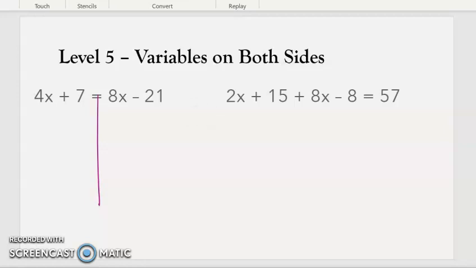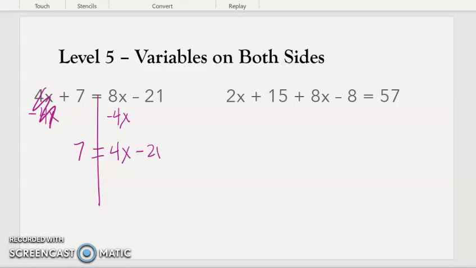The opposite of a +4x is -4x because we're moving that whole thing on both sides. This goes away and I'm left with 7 equals 8x minus 4x is still 4x because 8 minus 4 is 4. And they're both x's, so the x comes down. And then I bring this -21 down.